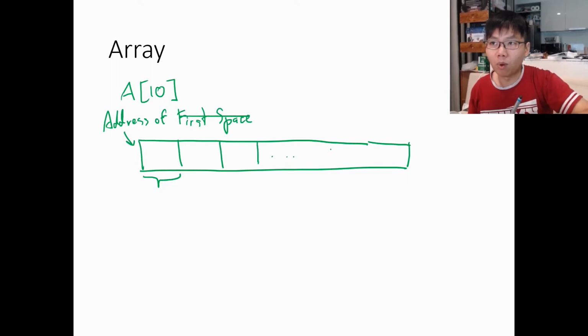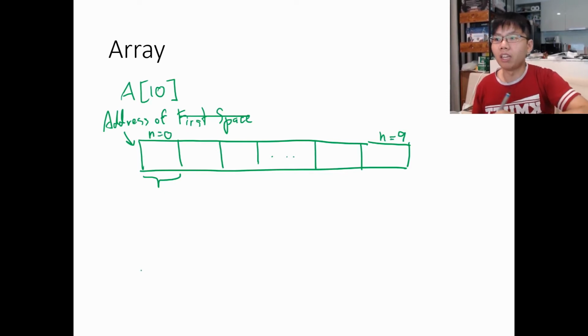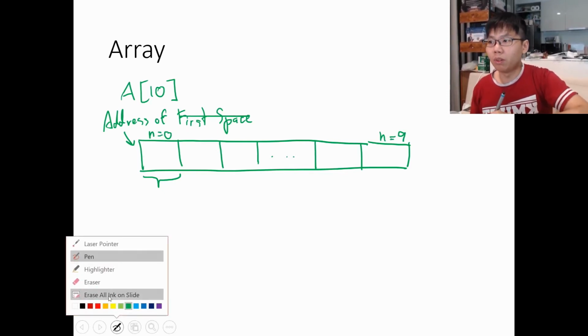In this one, it's going to allocate 10 blocks of memories, from n equal to 0 to n equal to 9.